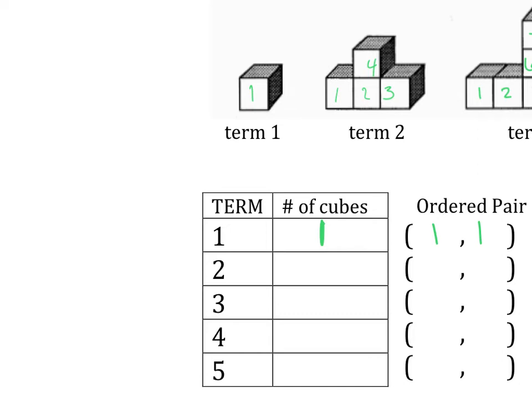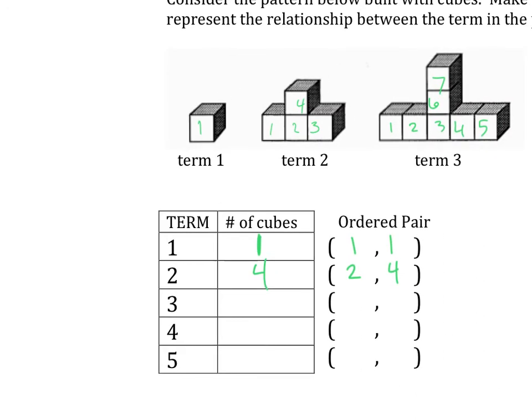Now the second term has 4 cubes, so we write that in the table. As an ordered pair, the second term has 4 cubes. Now the third term has 7 cubes. So that's 3 comma 7.